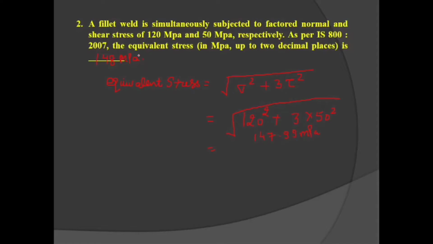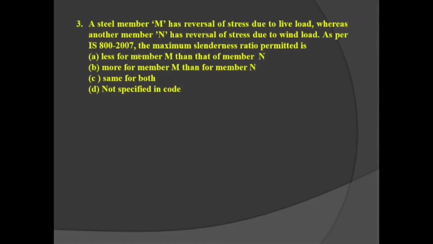So now let's move towards our question number 3. A steel member M has a reversal of stress. Obviously, reversal of stress means alternate tension and compression, due to live load, due to influence line diagram. Whereas another member N has reversal of stress due to wind load. Please be careful. As per IS 800:2007, what is the maximum slenderness ratio permitted?